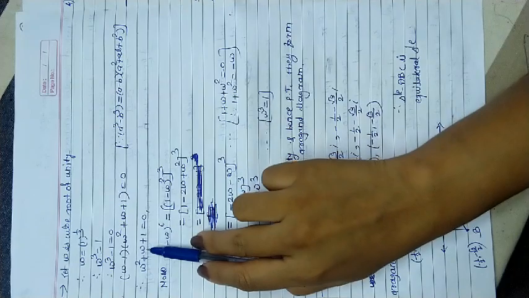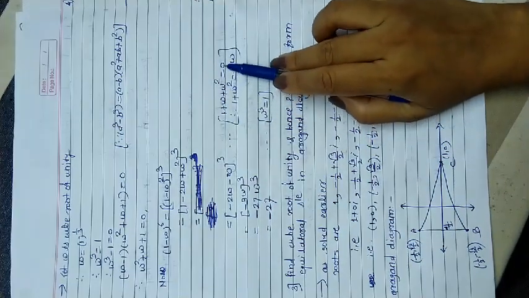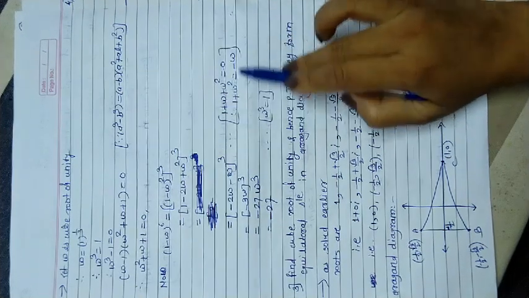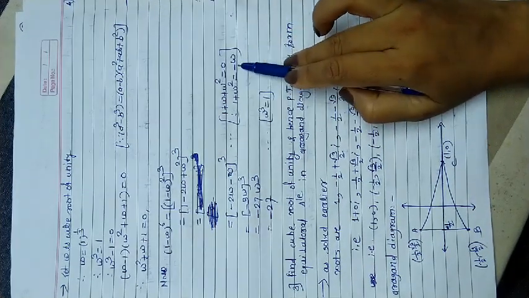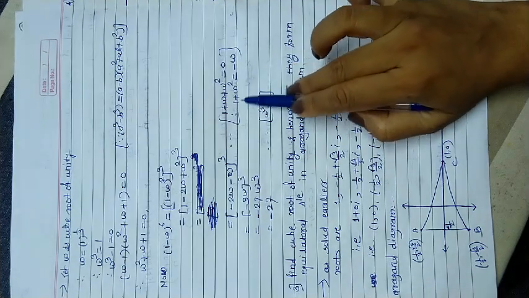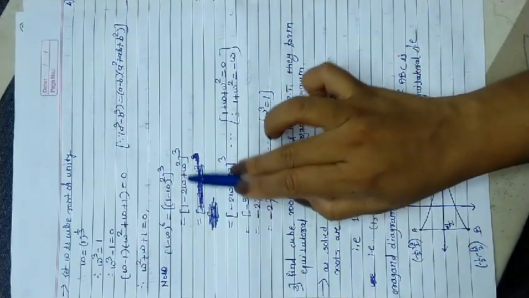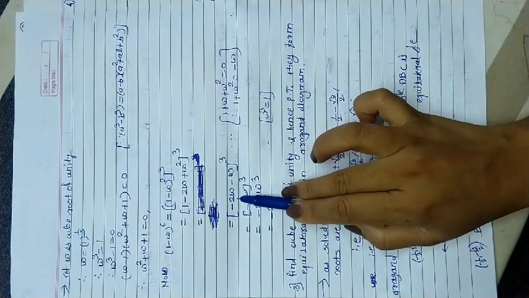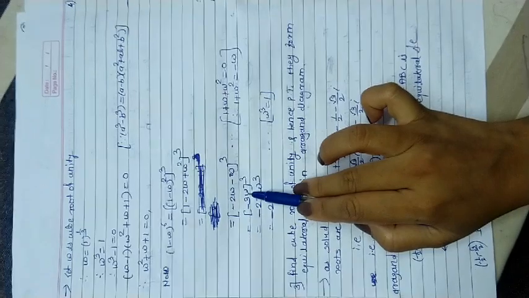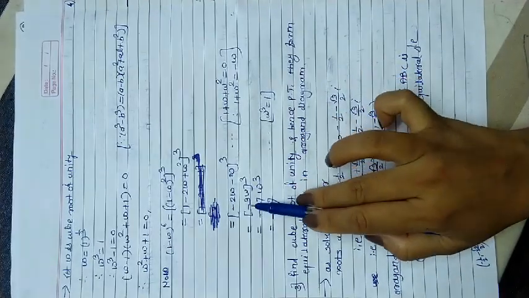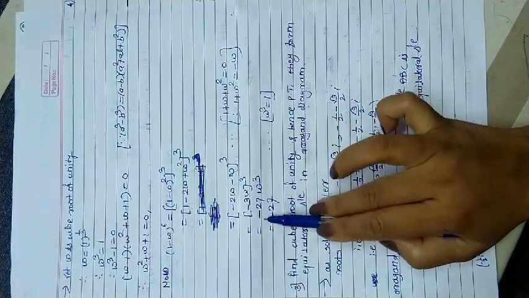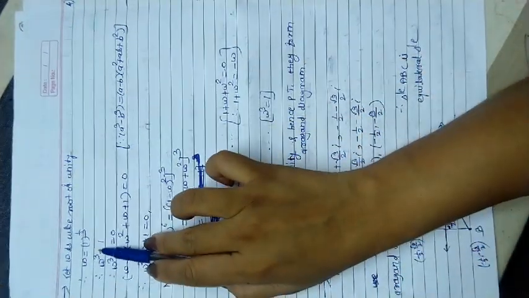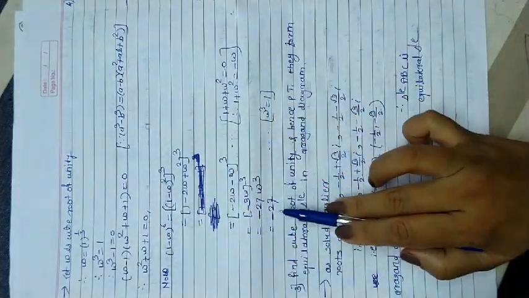Here from above, 1 plus omega square is equal to 0, therefore 1 plus omega square value is minus omega. Put this value of 1 plus omega square here, that is minus omega, and minus 2 omega as it is. Add these, we get minus 3 omega, raised to cube as it is. Again 3 cube is 27, omega cube is 1 from above, so the answer is minus 27.